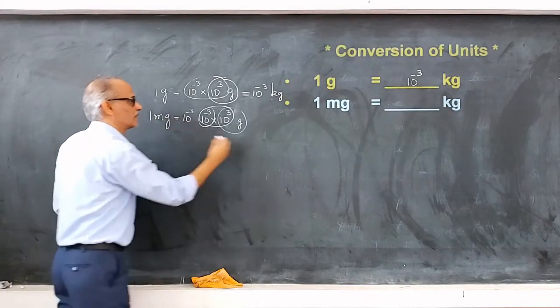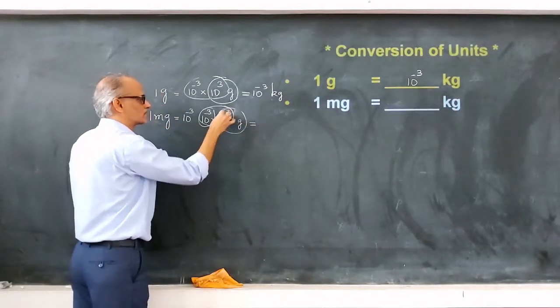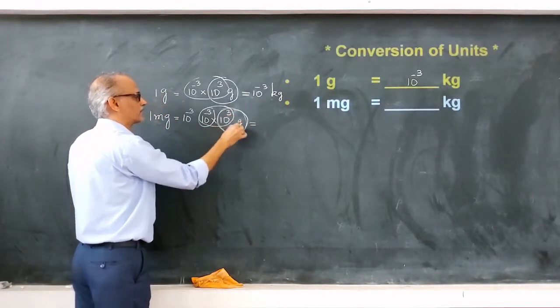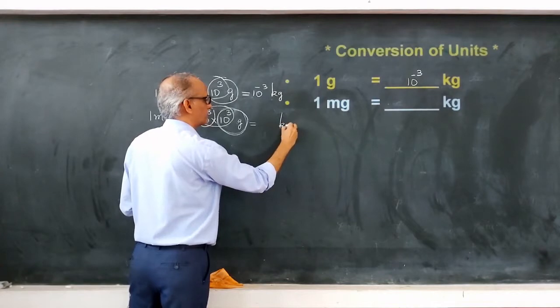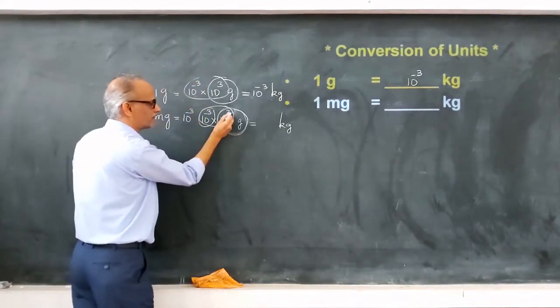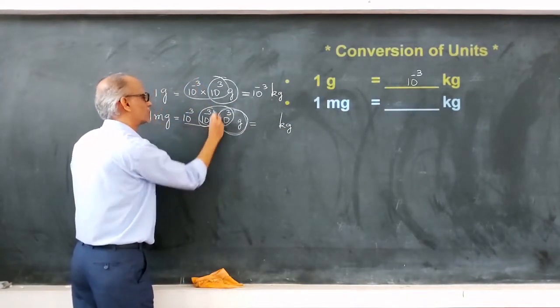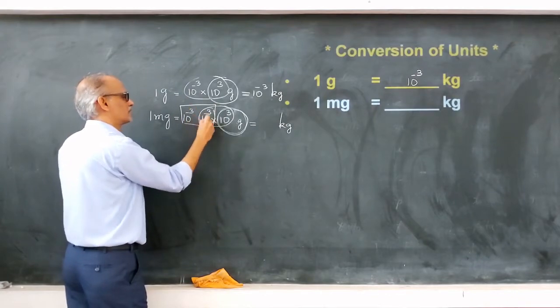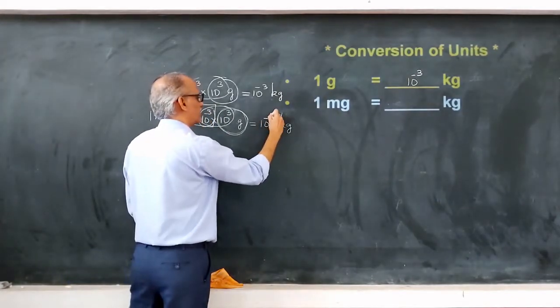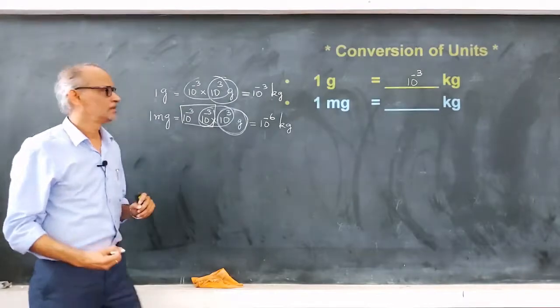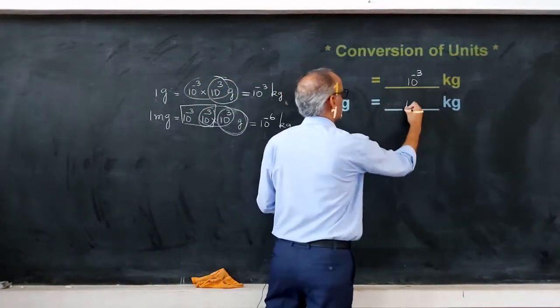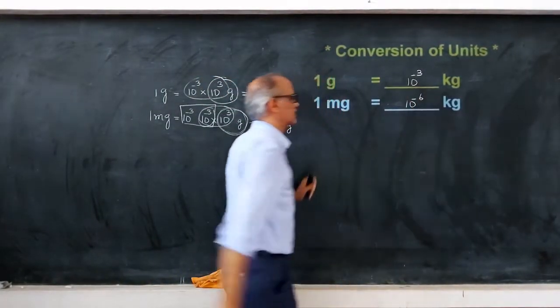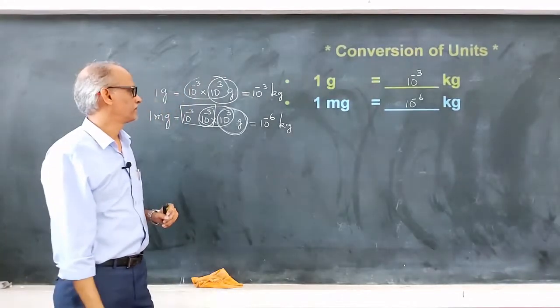Okay. Now see how this transforms. What is 10 to the power 3 gram called? 10 to the power 3 gram is called a kilogram. Correct, no? 10 to the power 3 is a kilogram. Now what is the remaining number? 10 to the power minus 3 into 10 to the power minus 3 is nothing but 10 to the power minus 6. So therefore, 1 milligram is 10 to the power minus 6 kilogram.